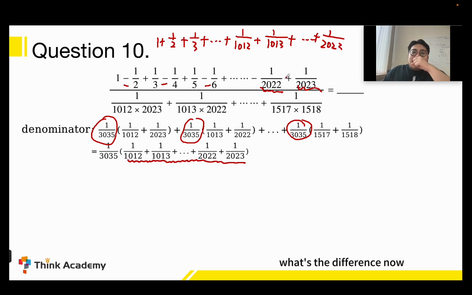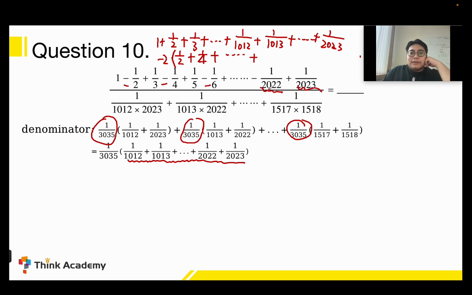What's the difference now? You see it's minus 1 over 2, so we should minus 2 times 1 over 2, right? And always, so minus 1 over 4. How many 1 over 4 should we minus? Still 2 times 1 over 4. So you can write it as minus 2 times, 1 over 2 plus 1 over 4 plus and so on.